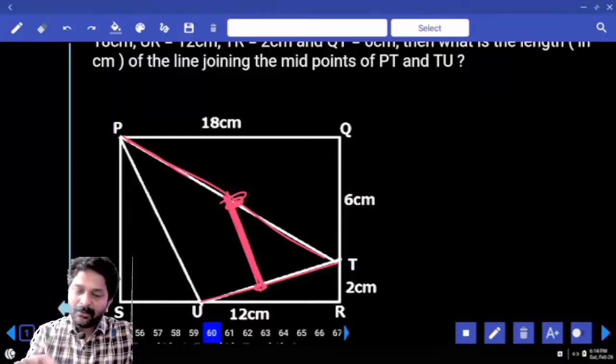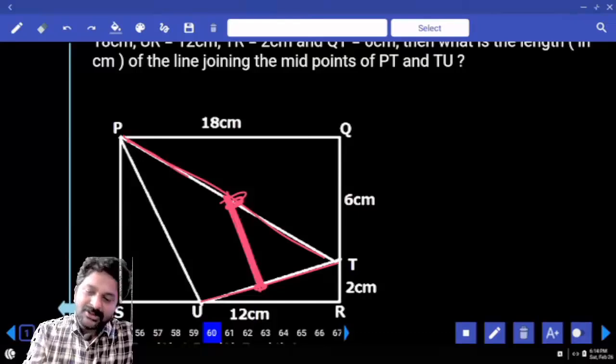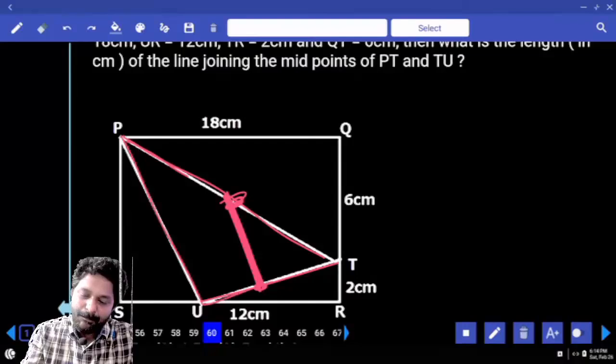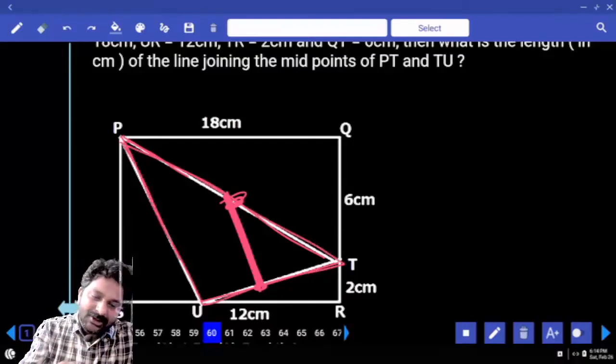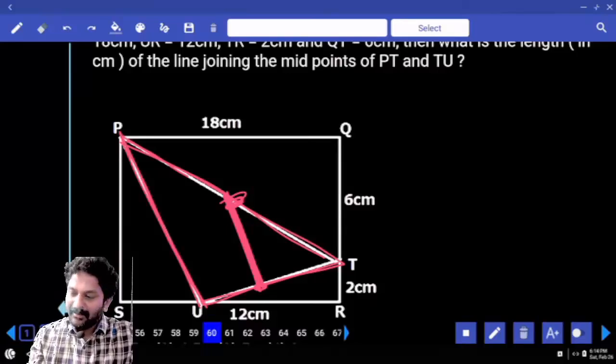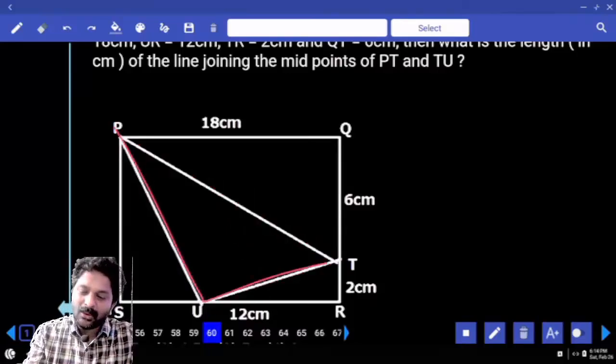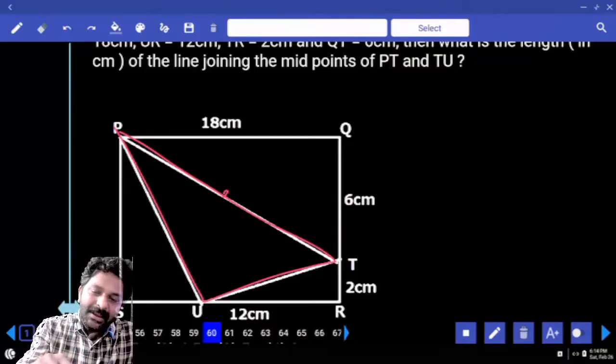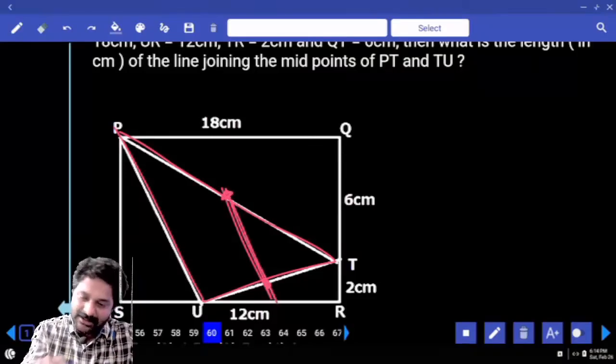Right. So now, line joining the midpoints, when you consider triangle PUT, that should be half of PU, right? This is the triangle PUT, PT midpoint, UT midpoint, line joining these.